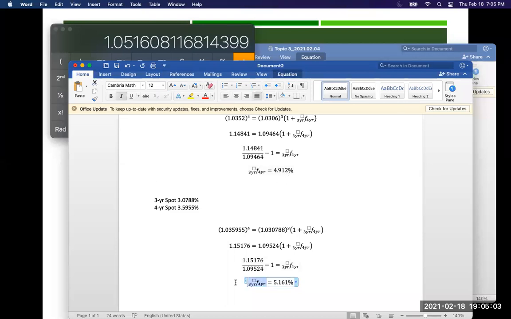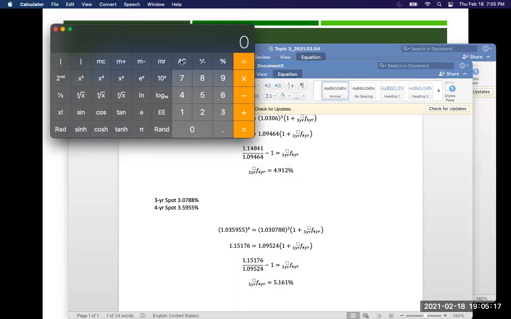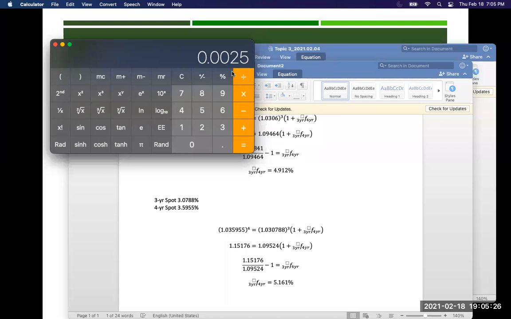This is the number you're supposed to be using if you're trading in forward rate agreements. If you don't do the bootstrapping and just use the bond yields, you are off by 25 basis points. It's this amount in decimal points.